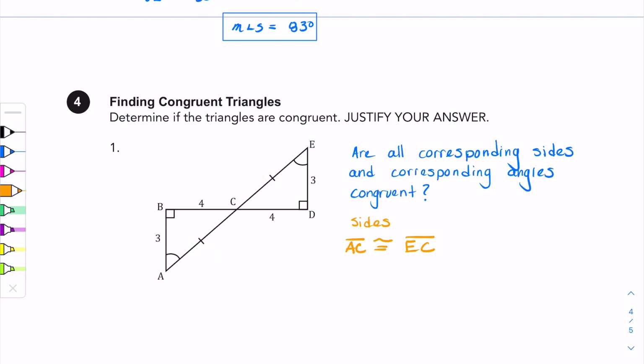I'm also going to recognize that AB is the length of 3 and ED is the length of 3. Because they are the same length, they are also congruent. So I can say AB is congruent to ED.